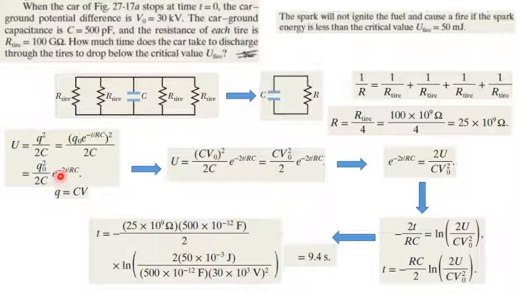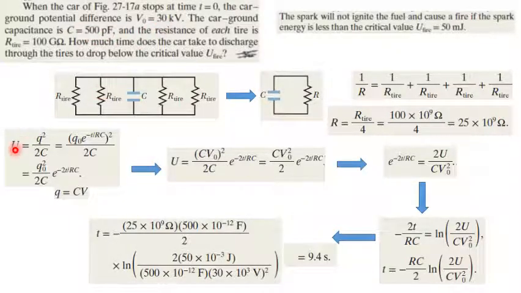And actually we know that the relation between Q and C is that Q equals C multiplied by V. So Q naught equals C multiplied by V naught, and C is 500 picofarad and V naught is 30 kilovolts.